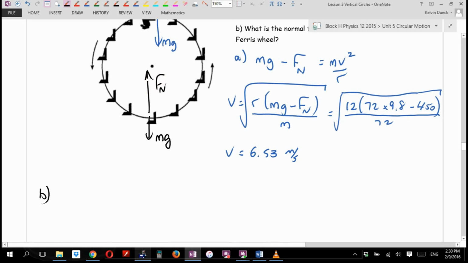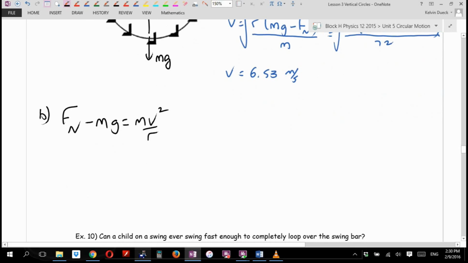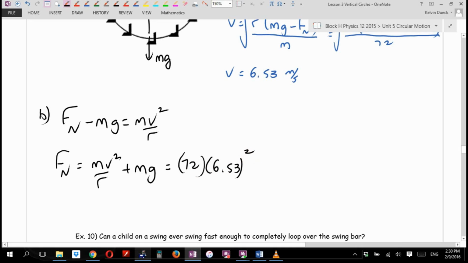Oh, what's my equation going to be, Alex? That's kind of cool. Fn equals mv squared over r plus mg, where the mass was 72. v, I'm going to write, Alex, 6.53 squared, but I'm going to use my answer button. r was 12, plus 72 times 9.8.